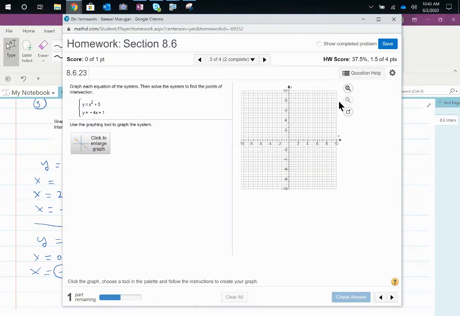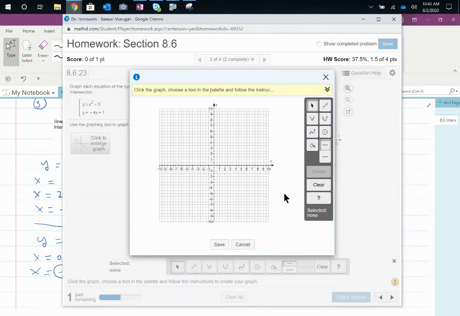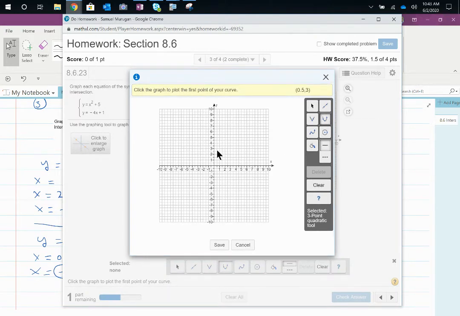So the first equation is at 5 and 0, then 9 and 2, and then 2 and -9 right there.